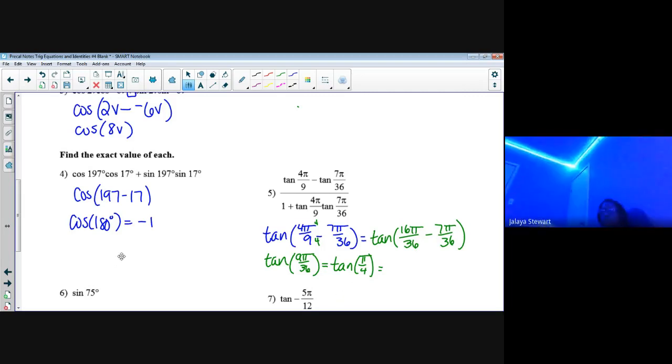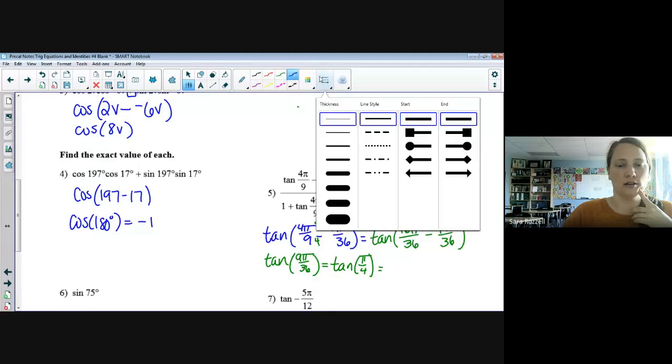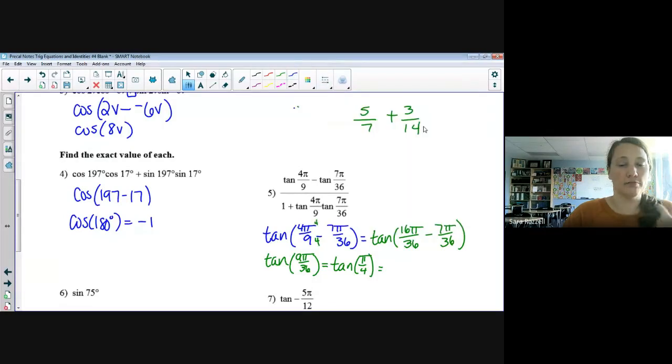Can you explain what you did? Because I don't understand. Which part? The blue part or the green part? The green part. Well, we had two different types of fractions. This one had a 36 on the bottom, and that one had a 9. So I need a common denominator. Like if I was doing 5 over 7 plus 3 over 14, I can't add those like they are. I need to have the same denominator. So I could change them both into 14s.